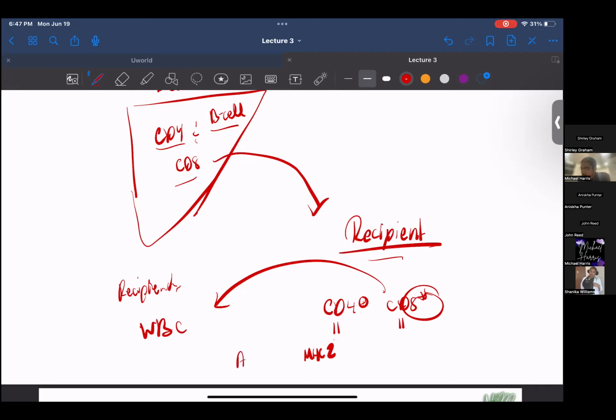Antigen presenting cells, right? So we're thinking macrophages. We're thinking B cells. We're thinking dendritic cells, right? We're just going to focus on macrophages and dendritic cells right now. But macrophages and dendritic cells, where do you find them?